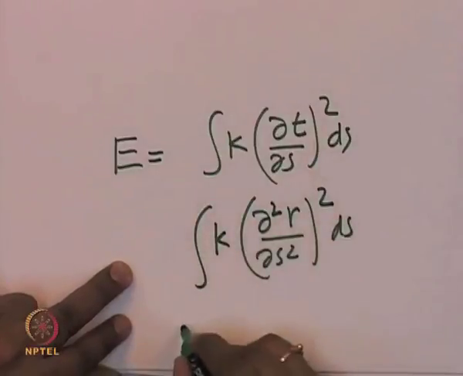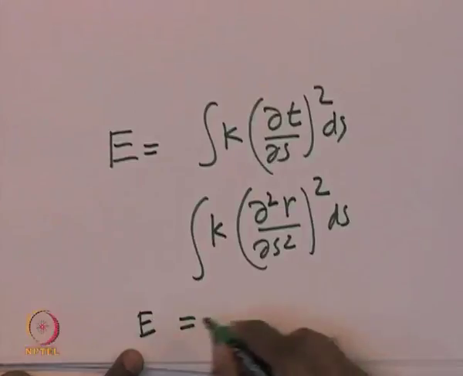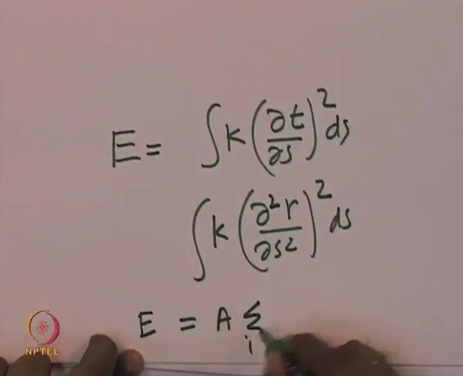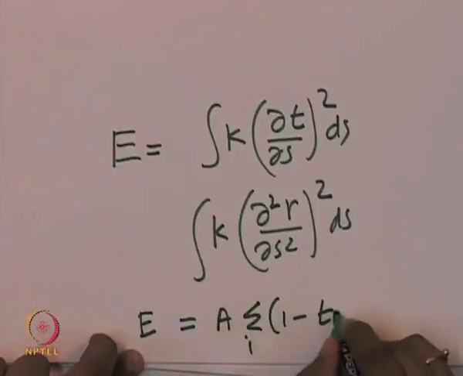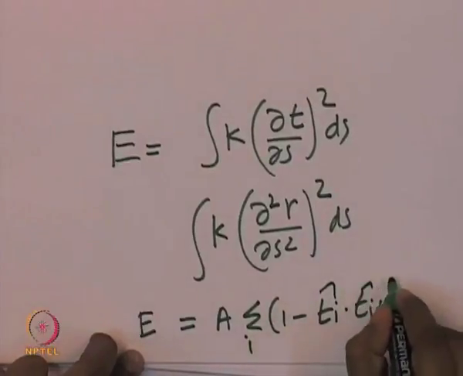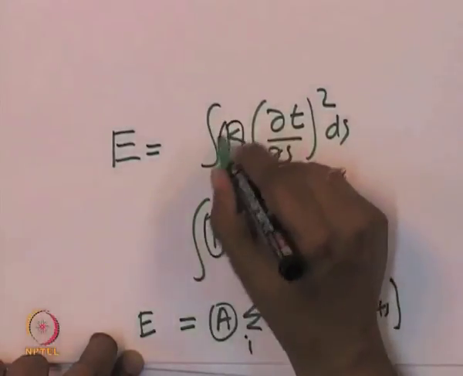Now, we also wrote this in the discrete form: A into sum over i of (1 minus T_i dot T_{i+1}). What is this A, this kappa or K?